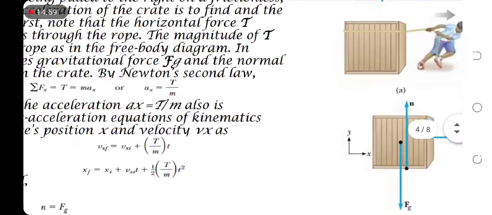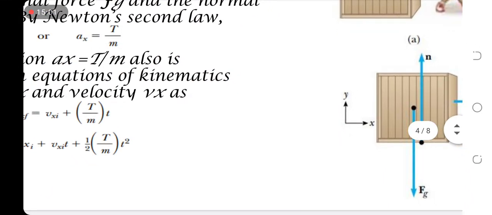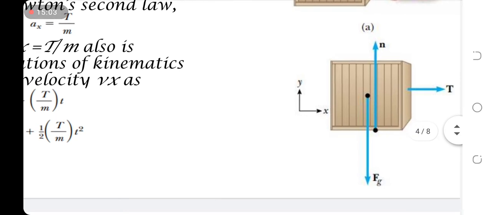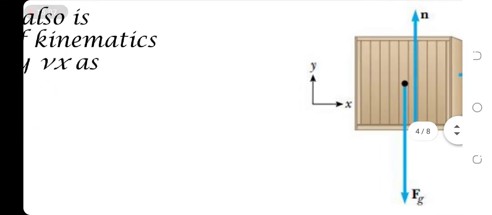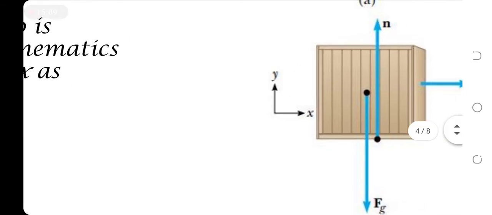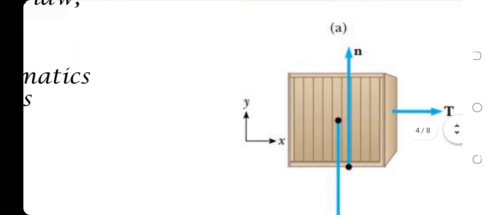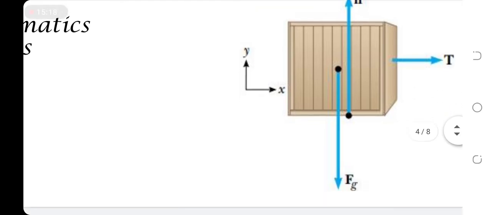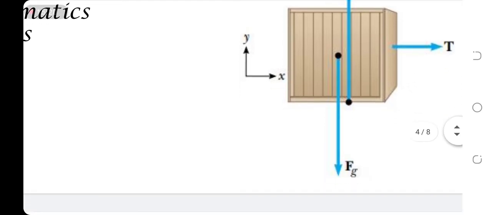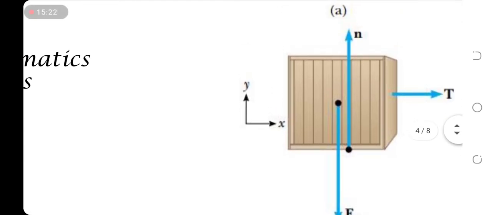The first figure is the actual figure and the second figure shows the free body diagram. Here the XY plane is shown and the forces acting on the crate are the downward force Fg, the weight of the body, the upward force normal reaction, and the horizontal force tension in the string.